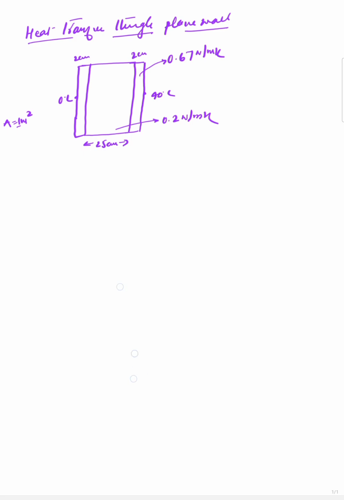We know the equation for conduction heat transfer through a plane wall is Q is equal to KA delta T by X. But this equation is for a wall having a single layer, but this wall has multiple layers, 3 layers. So this is the case of the composite wall. So let's write the equation for the composite wall.